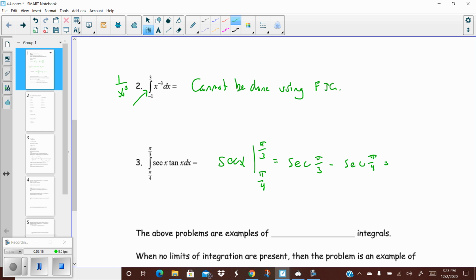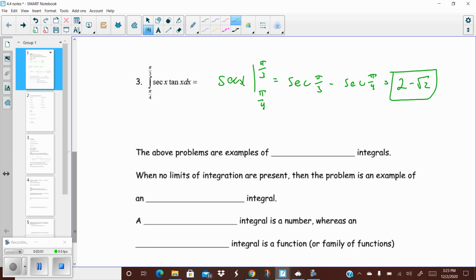So I do know what cosine of pi/3 is. Cosine of pi/3 is 1/2. Therefore, the reciprocal is 2. Cosine of pi/4 is square root of 2 over 2, also could be written as 1 over the square root of 2. Flipping that over is just going to give you square root of 2. So it's 2 minus the square root of 2. And again, I strongly suggest practicing some mental math to be able to figure that stuff out. The better you get with that, the better off you're going to be overall.